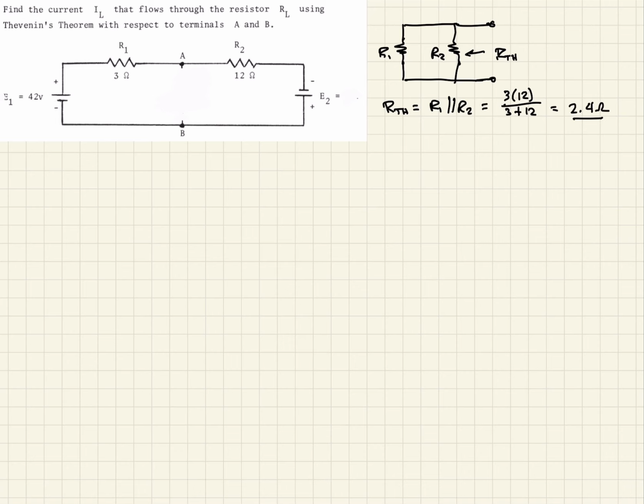But now we need to know what the voltage would be across there. Since we're using E for sources, we'll call this E Thevenin, and that's across here. So in other words, if we brought a voltmeter and put it there, what would we measure?